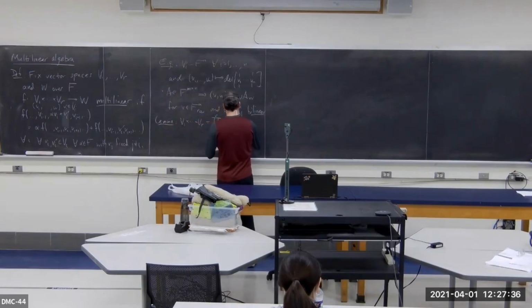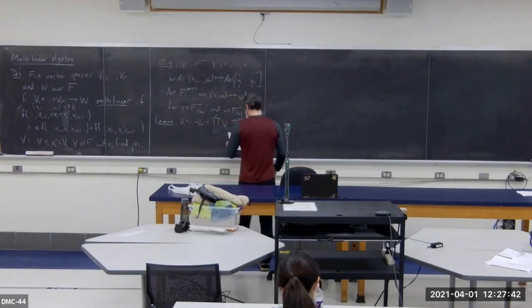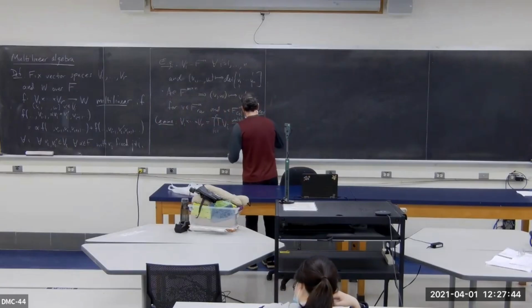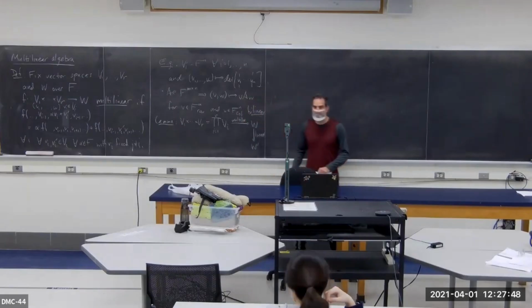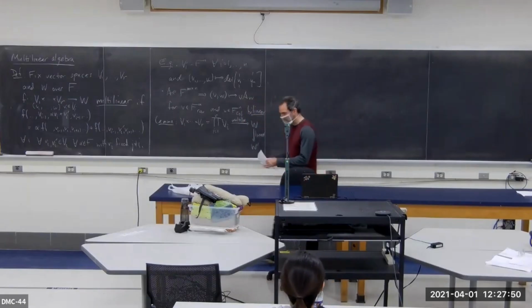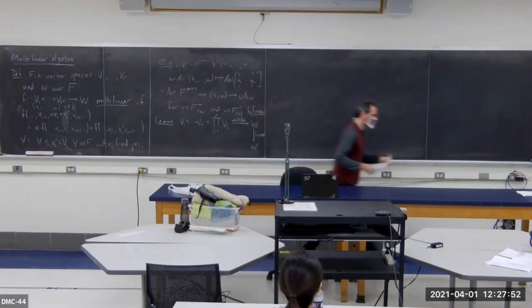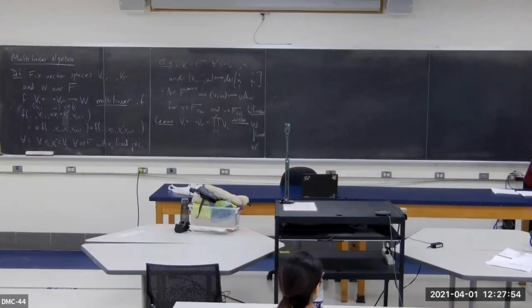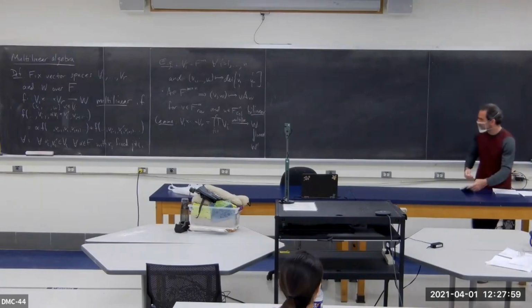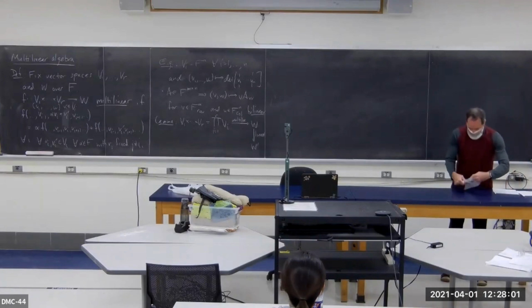If this is multilinear, and if you have this thing being linear, mapping to W', what can you tell me about the map from the product to W'?